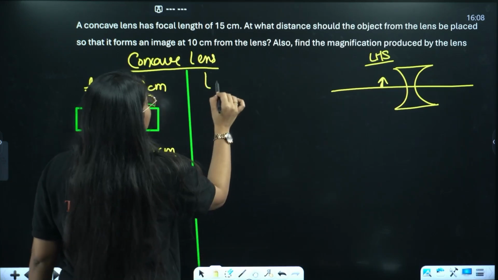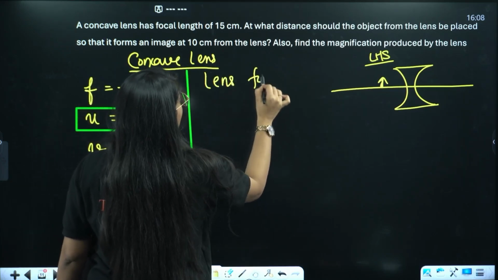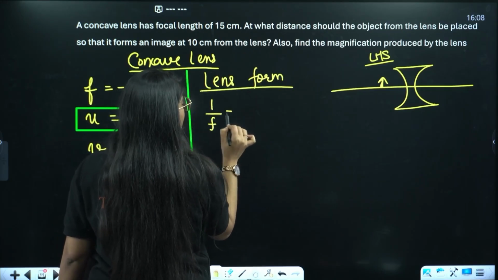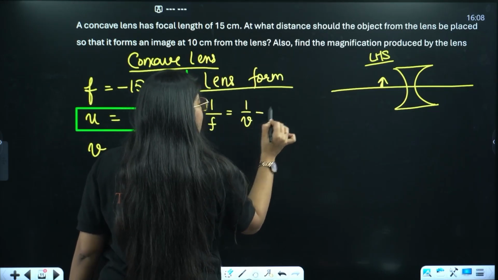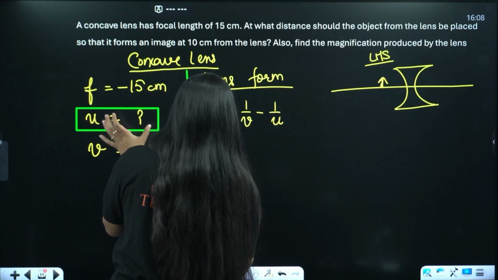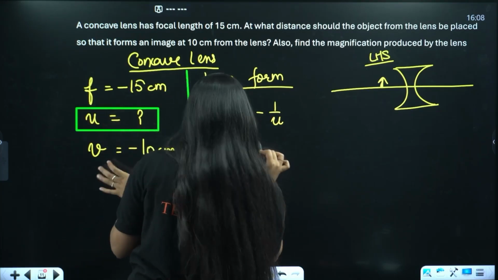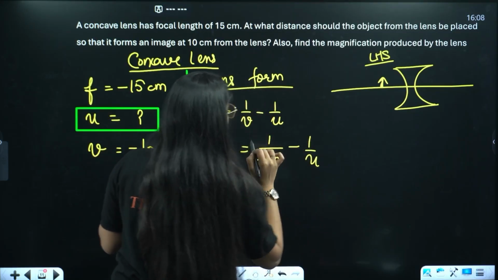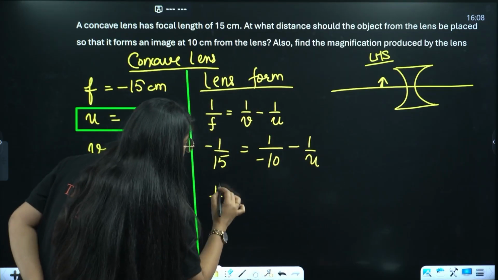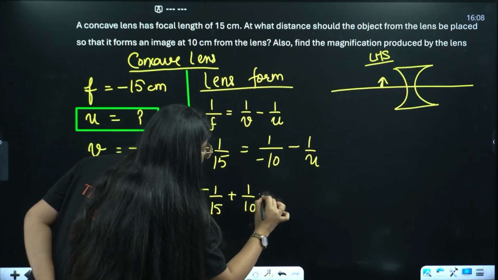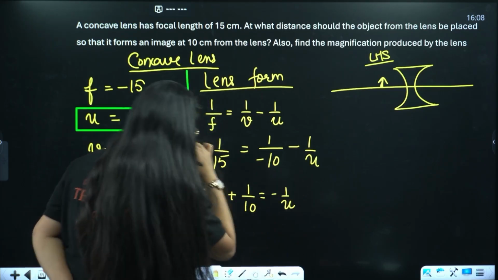The lens formula says 1 by f equals 1 by v minus 1 by u. Now 1 by f is given, that is minus 1 by 15, equals 1 by v, which is also given, that is minus 1 by 10, minus 1 by u. If you just solve this, this is minus 1 by 15 plus 1 by 10 equals minus 1 by u.